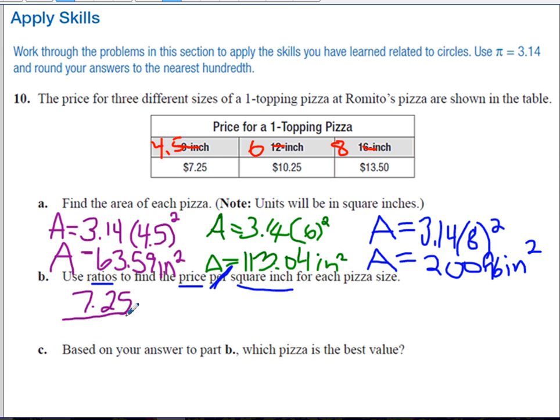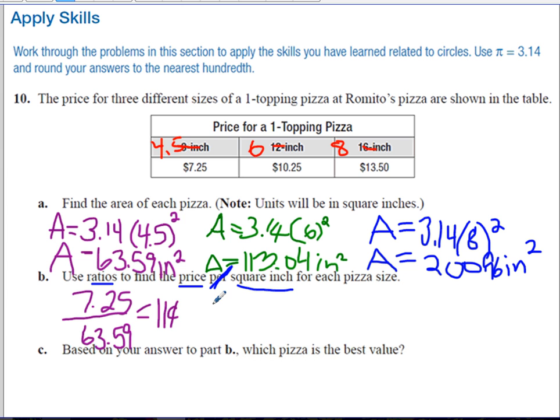And then that's per 63.59 square inches. And since we're dealing with money, we're going to round 2 decimal places, and that gives us 11 cents per square inch.